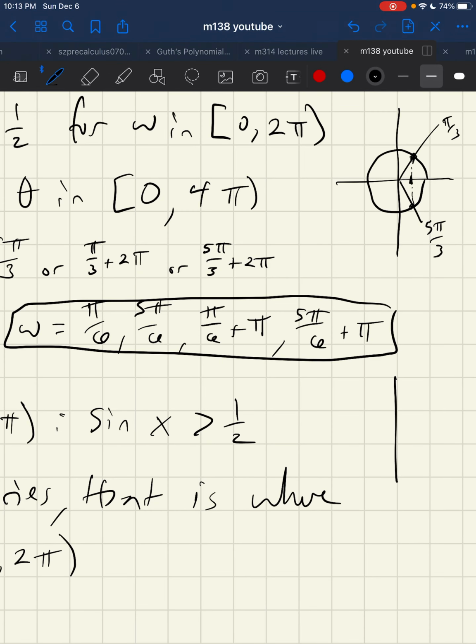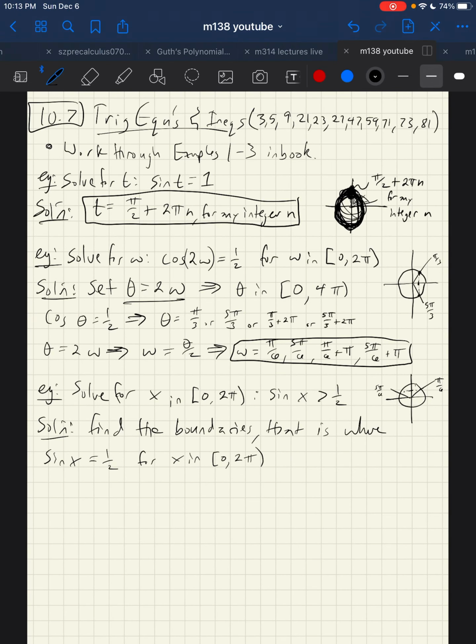We just draw a little unit circle here. Where does sine of x equal 1/2? Well, here's 1/2. This is the y value. This is either going to be pi over 6 or over here at 5 pi over 6, right? Those are the times when the y value is 1/2. And so this is going to be when x equals pi over 6 or 5 pi over 6.